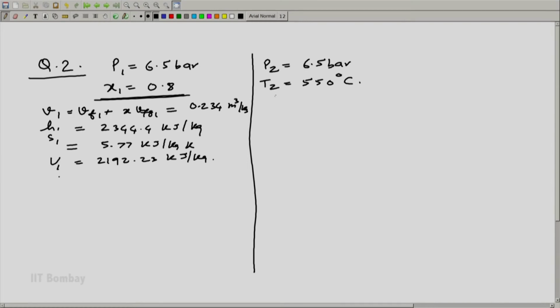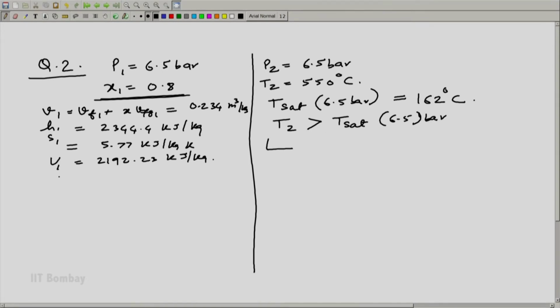At state 2, we know that Tsat at 6.5 bar is around 162 degree centigrade approximately, that is what we found, and therefore we know that our T2 is more than Tsat at 6.5 bar, and therefore this is in the superheated region.